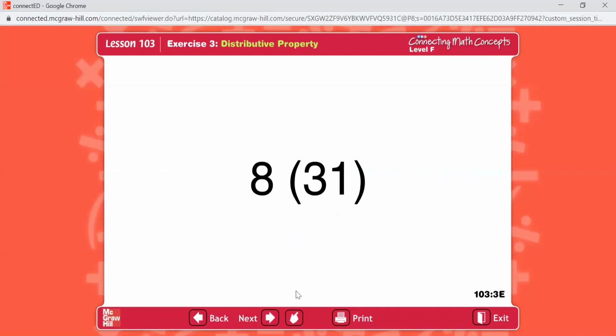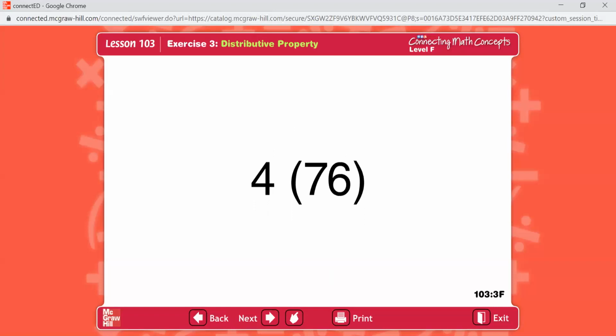Eight times 31. The two problems we add for 8 times 31 is 8 times 30 and 8 times 1. We'll add 8 times 30 plus 8 times 1. Four times 76.